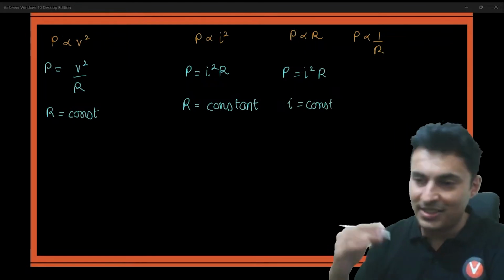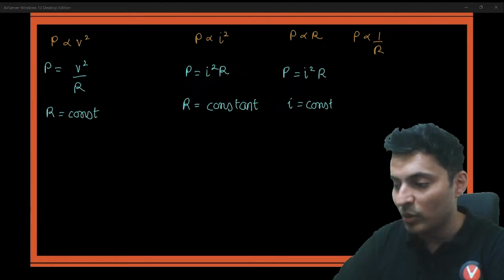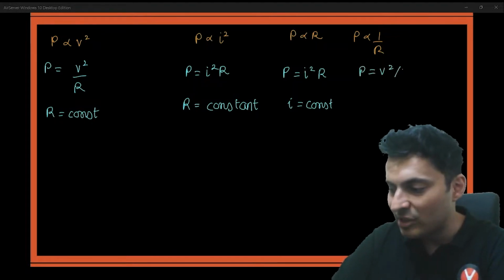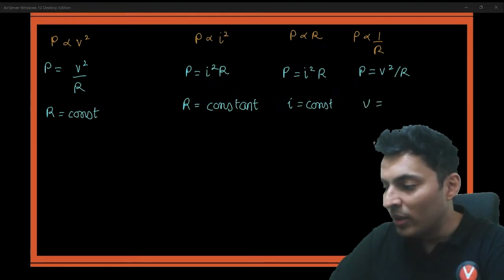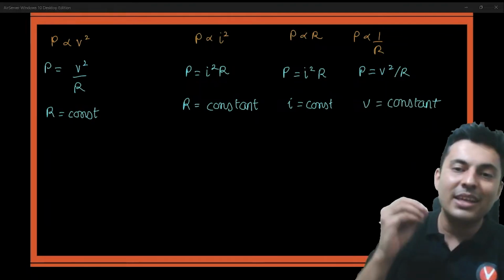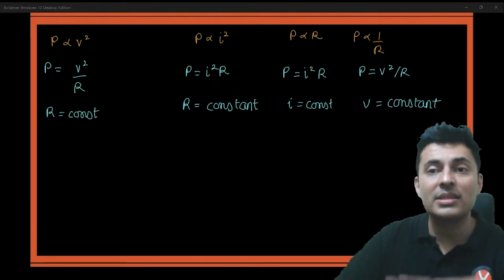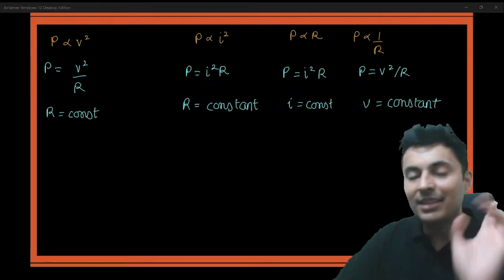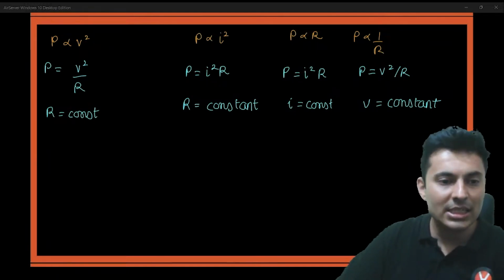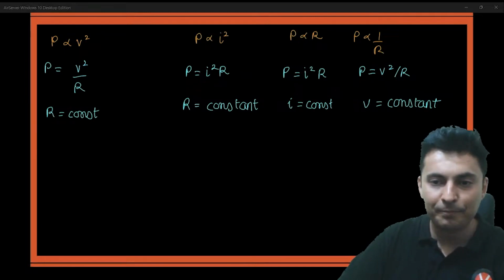Then it is proportional to R. When is it inversely proportional to R? When you use the formula P is V square by R, but voltage is kept constant. Then power is inversely proportional to R. So you read the question, what is constant, what is not. Accordingly, things will change. Is that okay? Many people make mistakes.